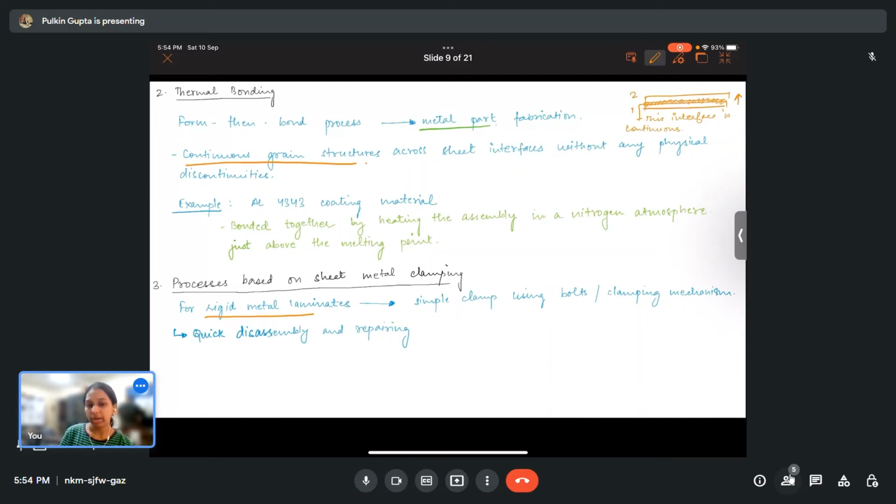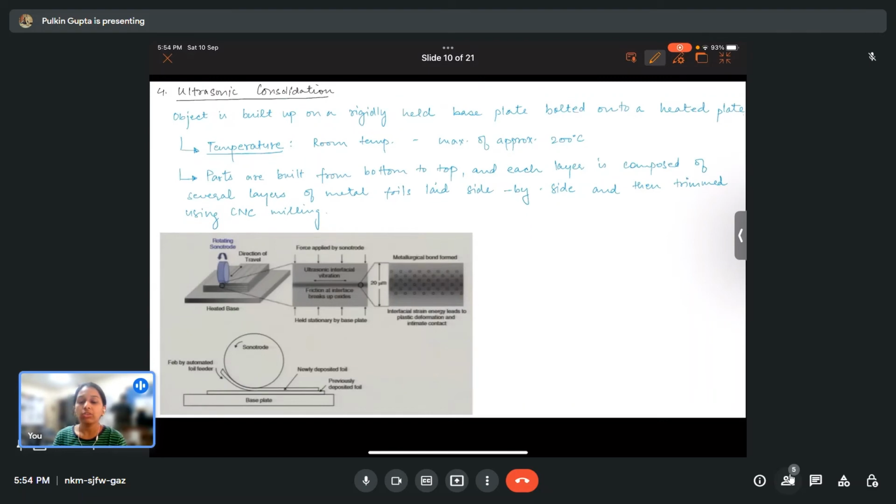Similarly for metals, there are nuts and bolts and other clamping mechanisms. The major advantage is that you can quickly disassemble these for any changes in the geometry or modifications, quick modification of the parts and then repairing of your objects in case there is any wear and tear.